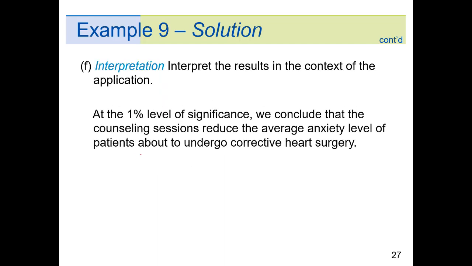So at the 1% level of significance, always put the level of significance as part of your interpretation. At the 1% level of significance, we conclude that the counseling sessions reduce the average anxiety level of patients about to undergo corrective heart surgery.